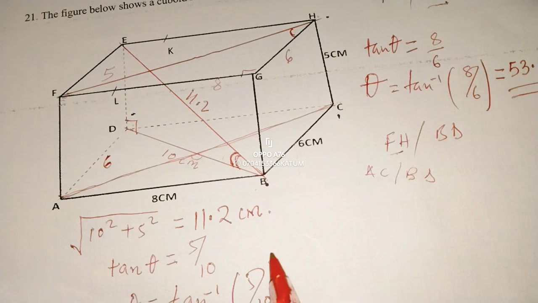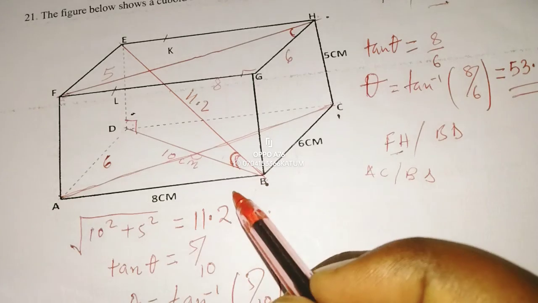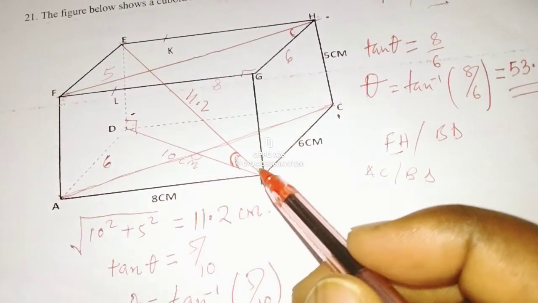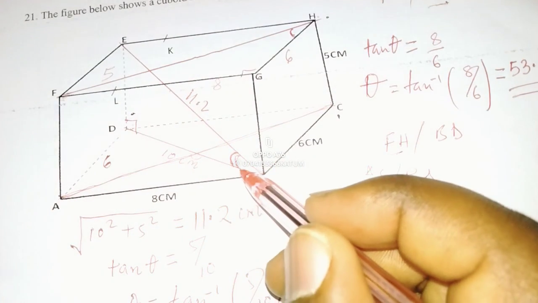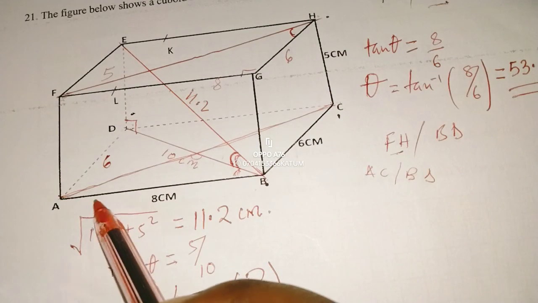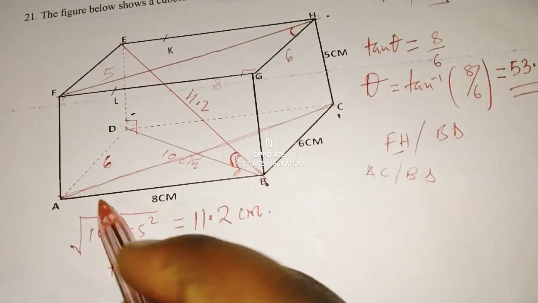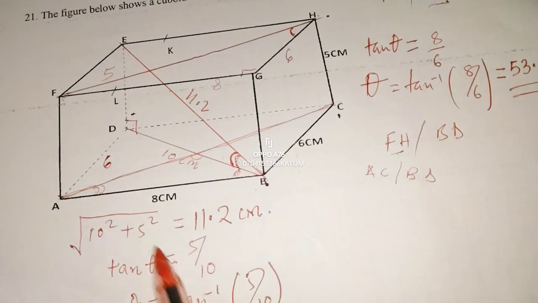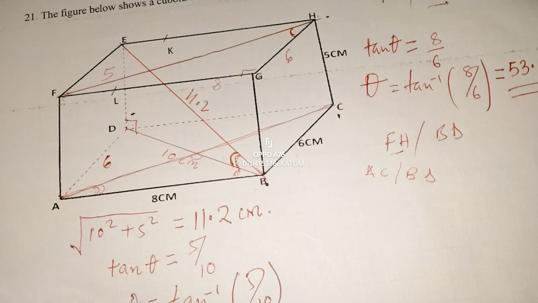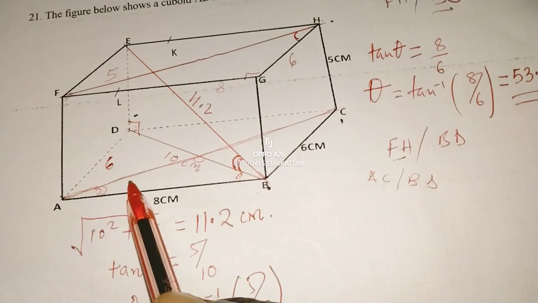Therefore, we can first determine the angle here, and we also determine the angle at the other point here. Then we subtract those two angles from 360.